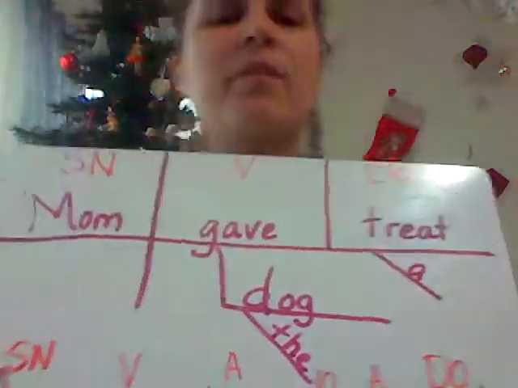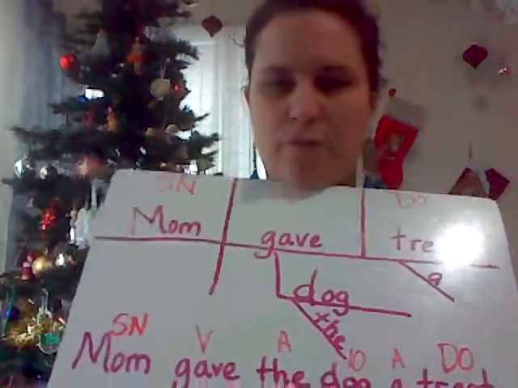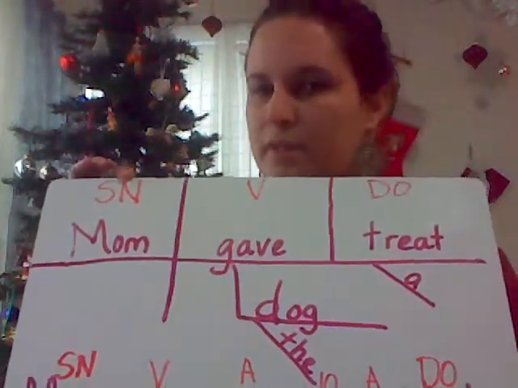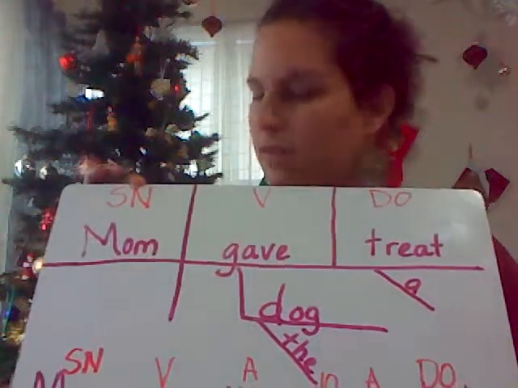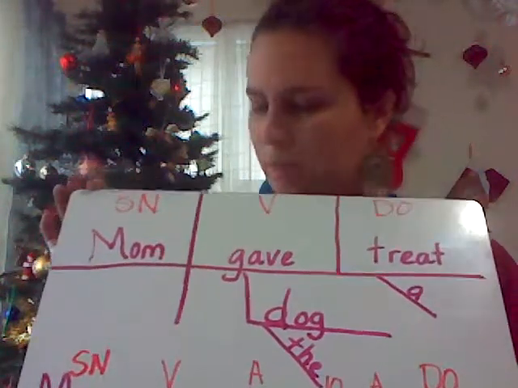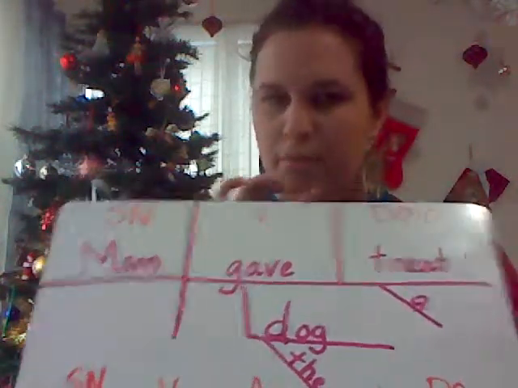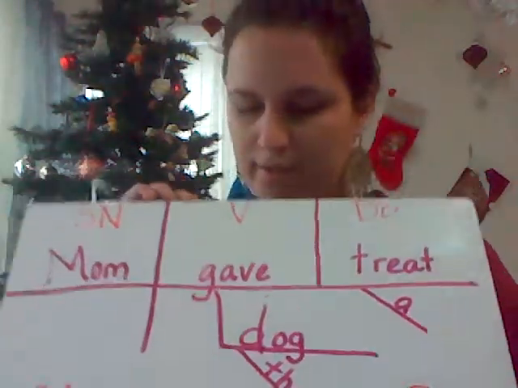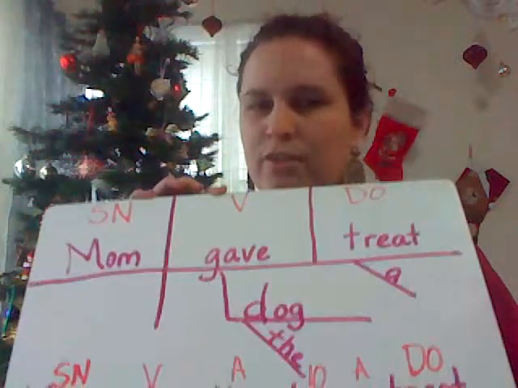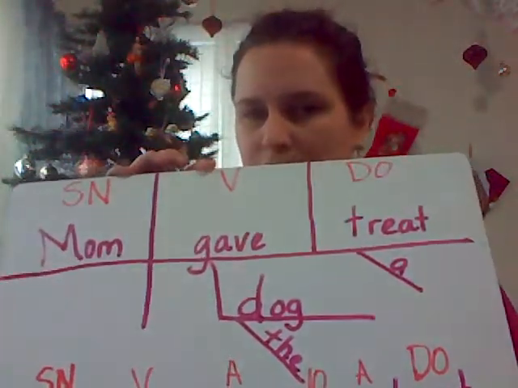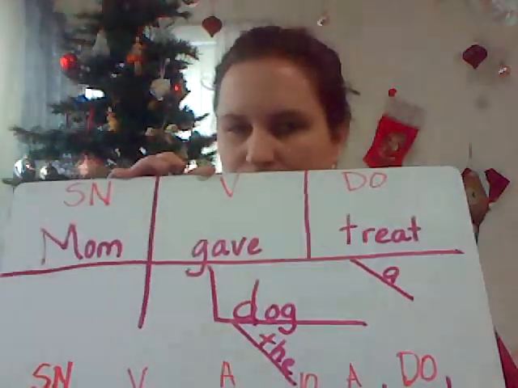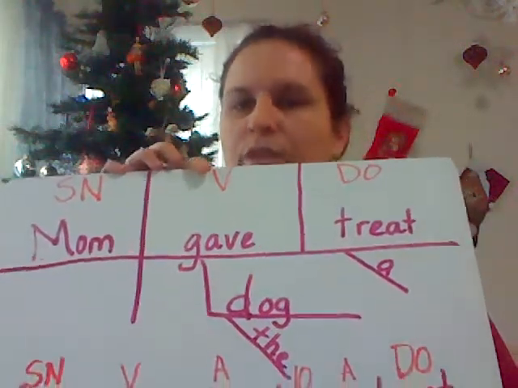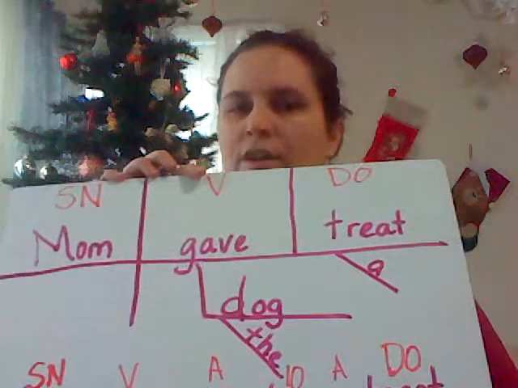Now, when we diagram it, I showed you we have the subject noun as the complete subject. We don't have anything else that goes with it, so this side is just Mom. And then we have our complete predicate on this side, which is the verb in all of its parts. Gave. So you can see the dog is who is being given to. So the dog is receiving the action of the verb.